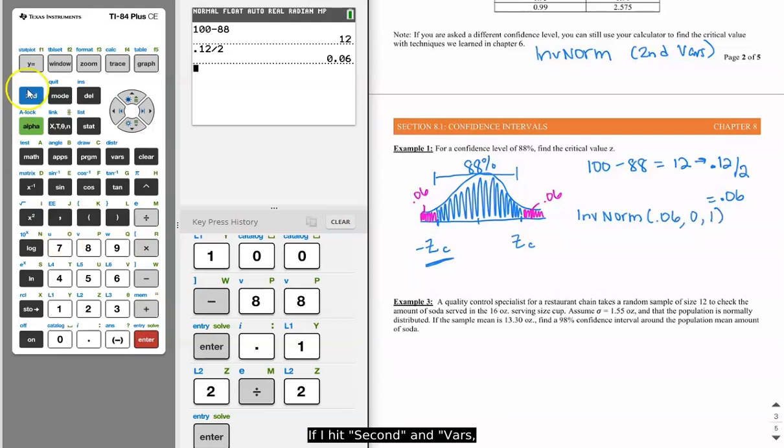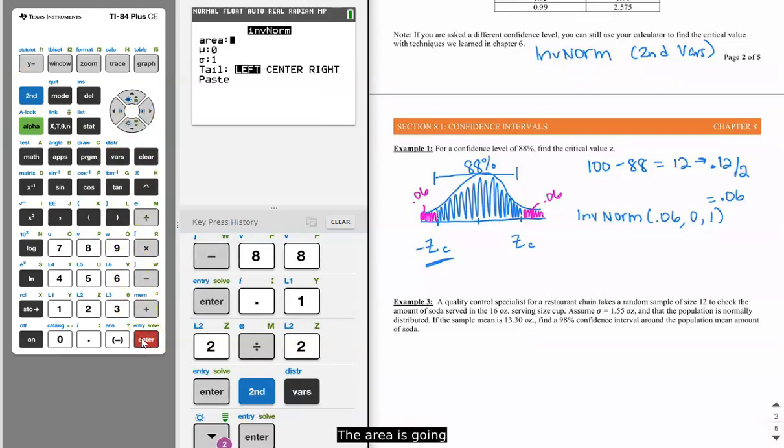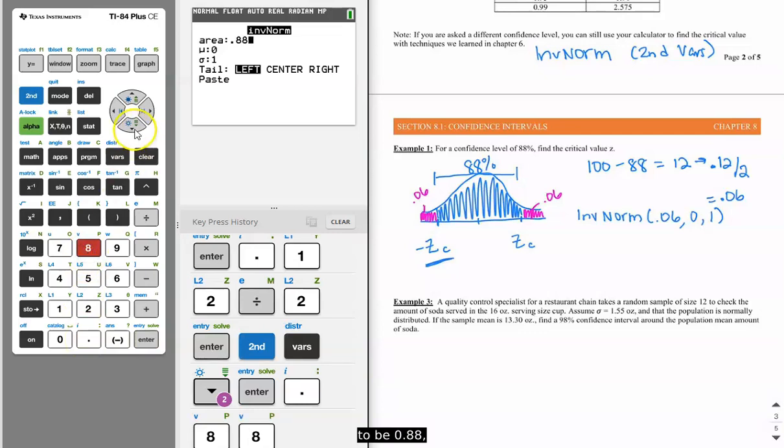So if I hit second and vars, and I go down to inverse norm, which is number 3, the area is going to be 0.06. Mu is 0.